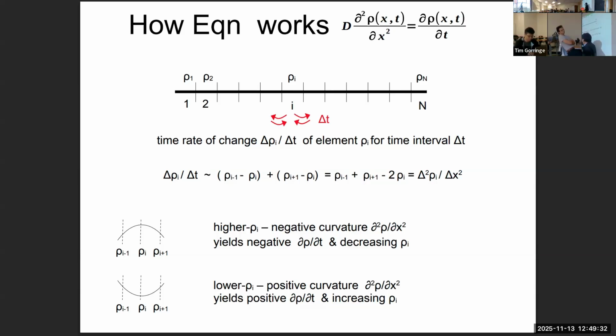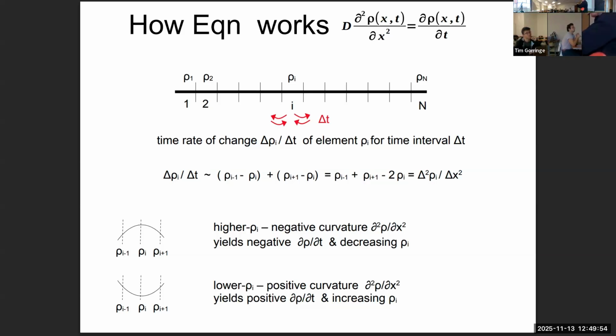So we rewrite this combination of the density in these three cells like this. This is the combination of the contents of these three cells that measures curvature.